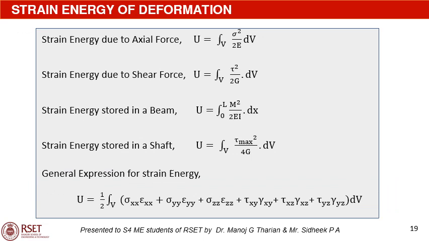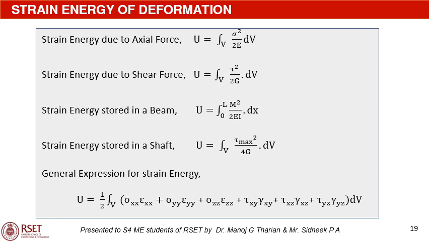To summarize the expressions for strain energy we have derived for the various cases. In the case of a bar subjected to an axial force, strain energy U is equal to integral over the volume V of sigma square by 2E into dV. In the case of a block which is subjected to a shear force, the strain energy U is given by U equal to integral over the volume V of tau square by 2G into dV. In the case of a beam, strain energy U is equal to integral 0 to L of M square by 2EI into dx.